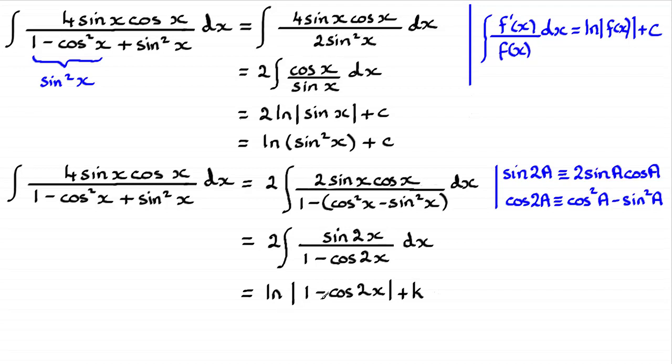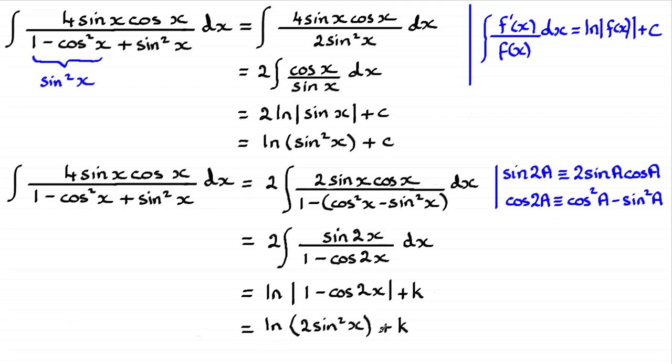So this answer here could be written as the natural log of 2 sine squared x plus that constant k. And again, notice here that I've not written this in mod signs. You can if you want, but it's a bit pointless because this will be a positive quantity.